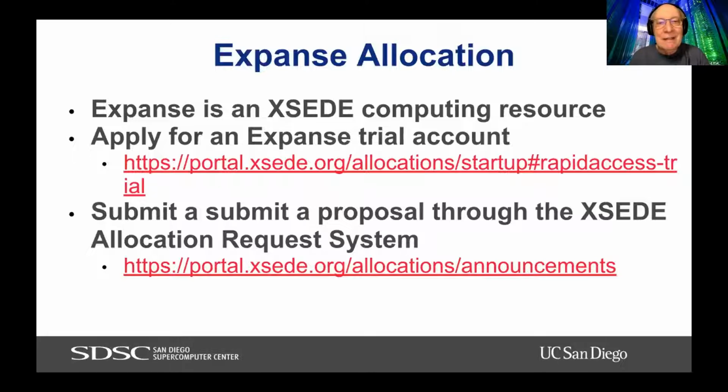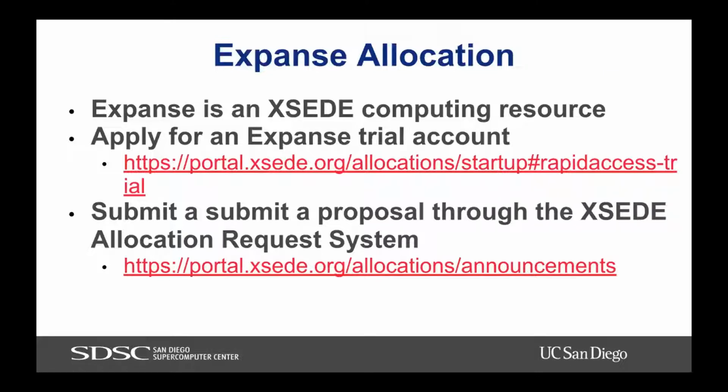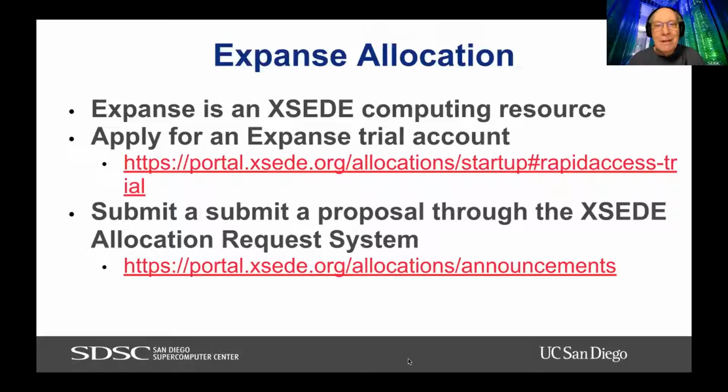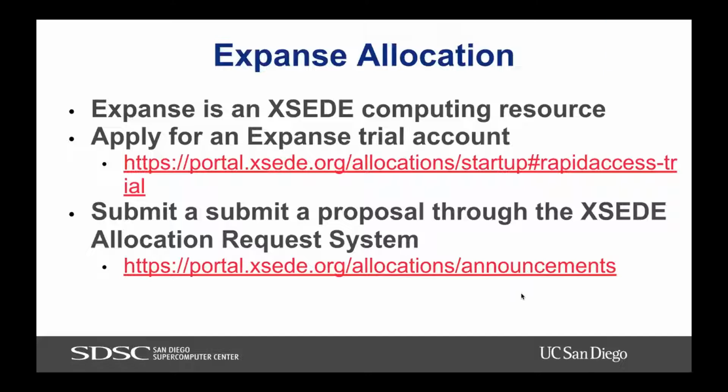So let's go to one of those URLs here. That's how you get access to ACCESS, and it's free. Peter, I also posted a link in the chat to the Expanse user guide, which also gives you instructions on how to get an account. Right.